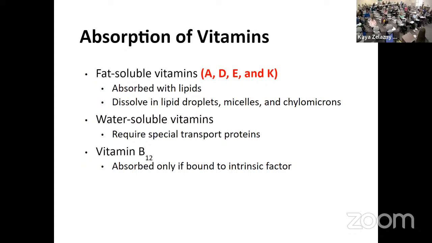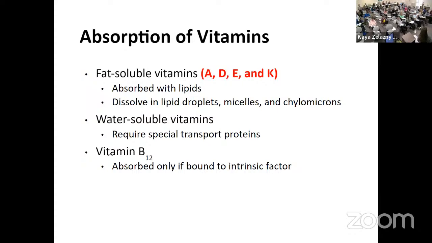One vitamin we pay specific attention to is vitamin B12. Vitamin B12 is necessary for synthesizing hemoglobin. So if you don't absorb enough vitamin B12, this can cause anemia. One of our types of anemia was pernicious anemia. That's caused by a deficiency in vitamin B12.